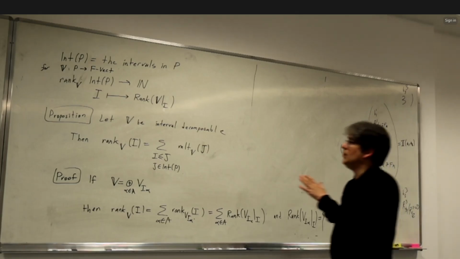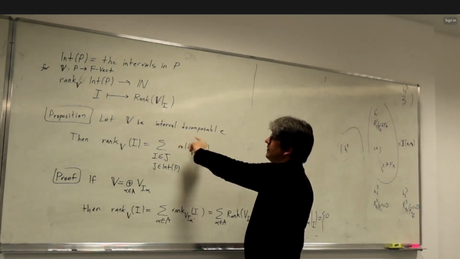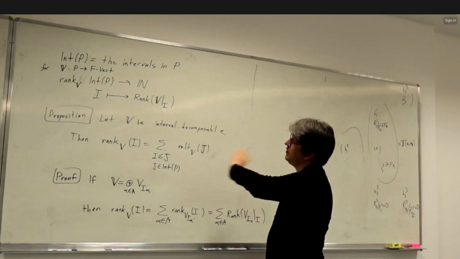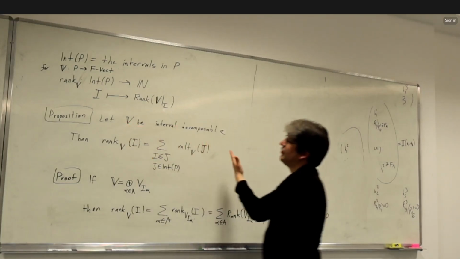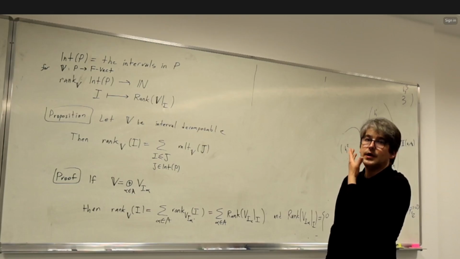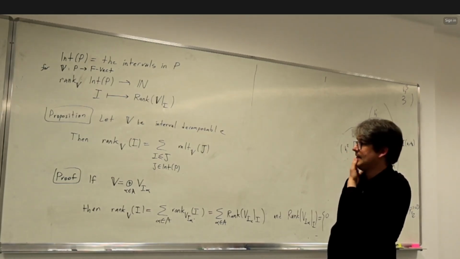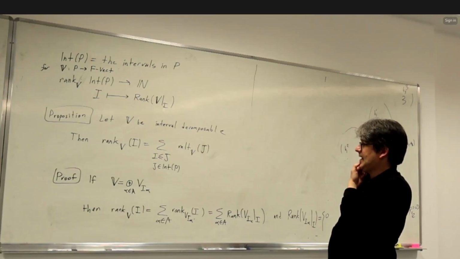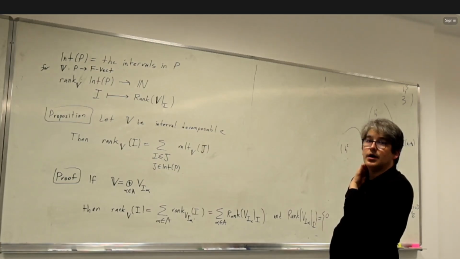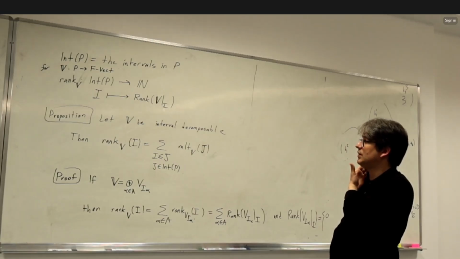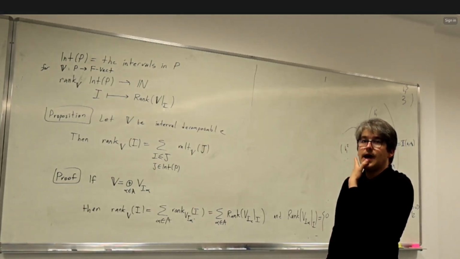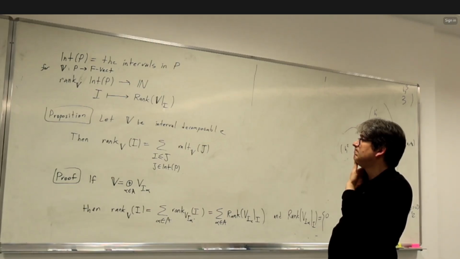So interval decomposable means you can write V as a direct sum of interval modules. But J is running over each I. Right. Yeah, I was trying to apply this formula to the example, and I will apply it to the example.